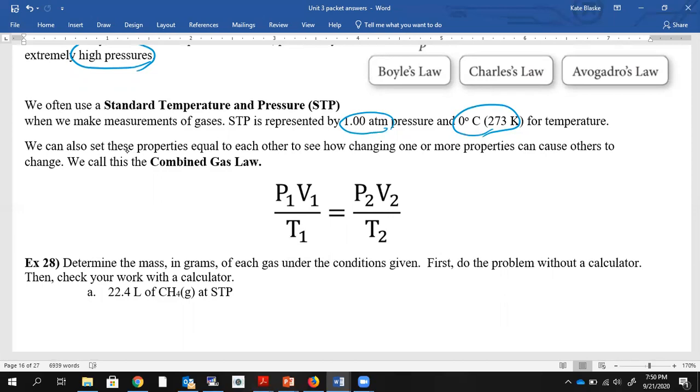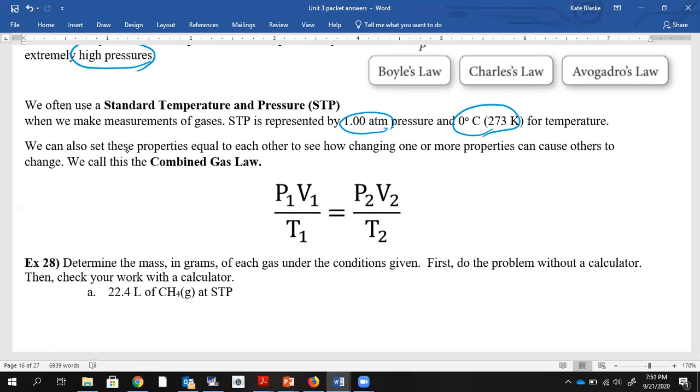So we can derive this from using the ideal gas law and setting one situation equal to another. So P1 V1 over T1 equals P2 V2 over T2. So this would be, for example, if we had a gas at a certain temperature and a certain pressure, and then we changed the pressure, how would that affect the volume?